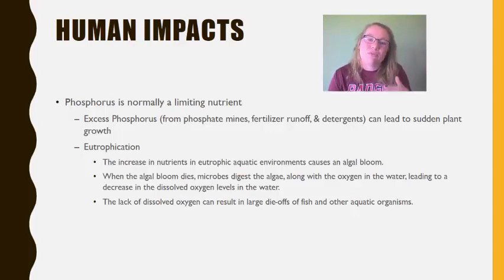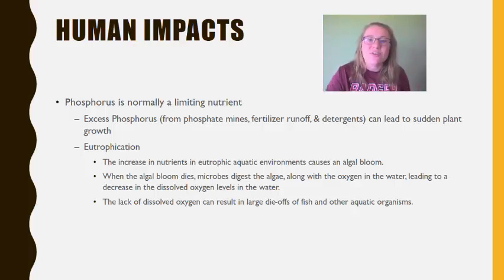And as microbes do the process of decomposition, they use up a lot of the oxygen that is in that aquatic environment. So if we think about how fish and other aquatic organisms survive, they actually breathe the dissolved oxygen in the water.